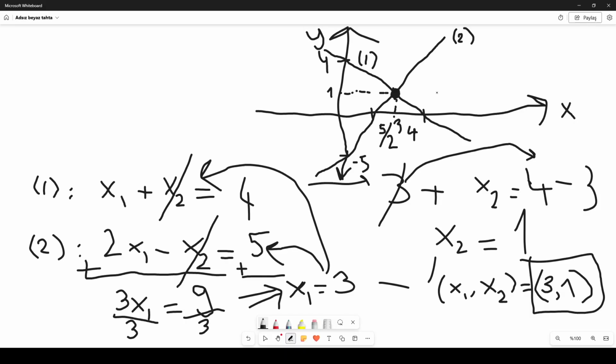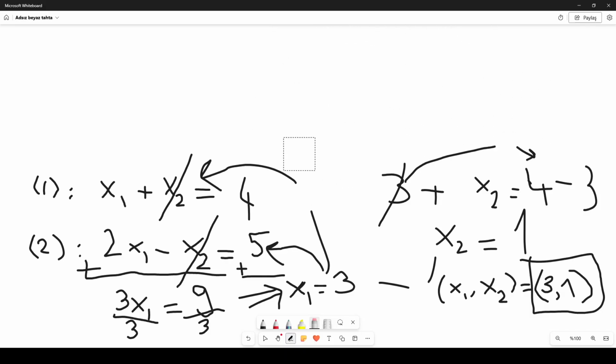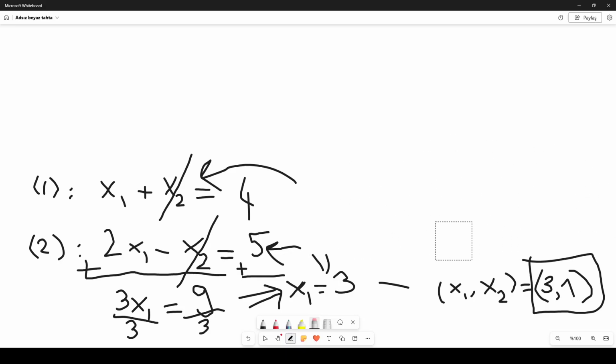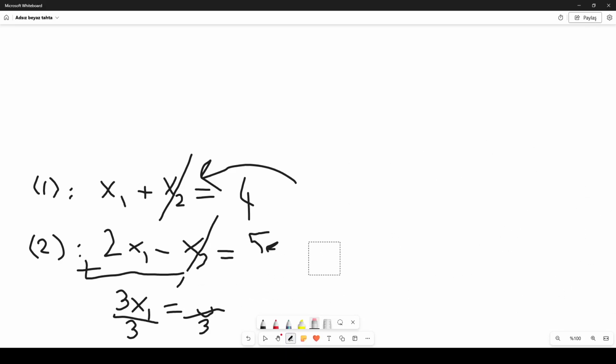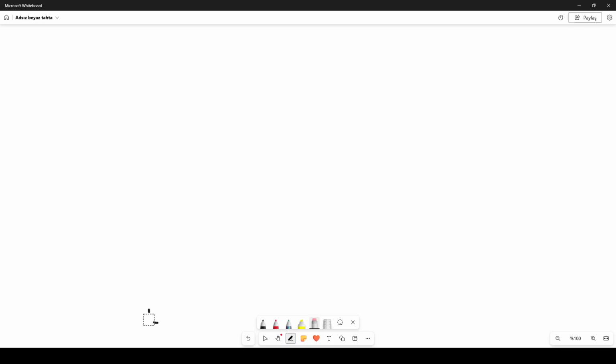Okay, let's continue our reasoning with another alternative for the solution. Let's erase this and go with the second example. Now, suppose we have such equations.